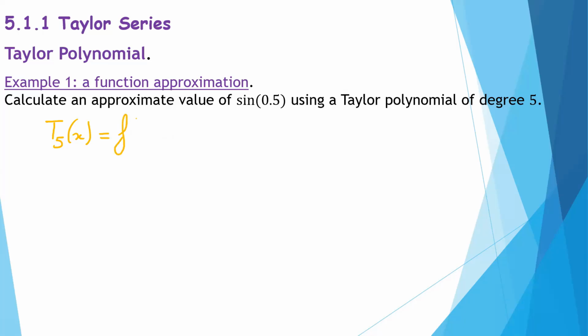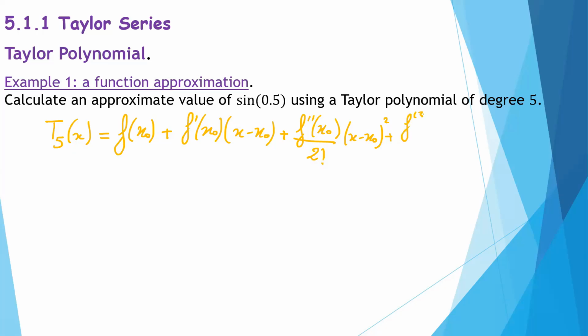T5 is f of x0, plus f prime of x0 times (x minus x0), plus f double prime of x0 divided by factorial 2 times (x minus x0) squared, plus the third derivative of f at x0 divided by 3 factorial times (x minus x0) cubed, plus the fourth derivative at x0.